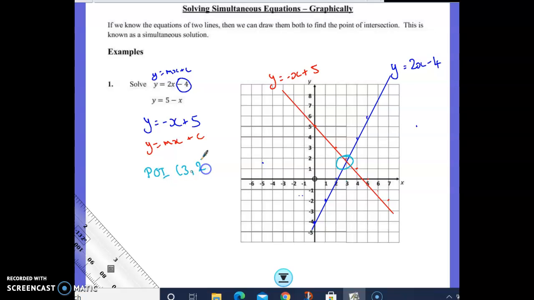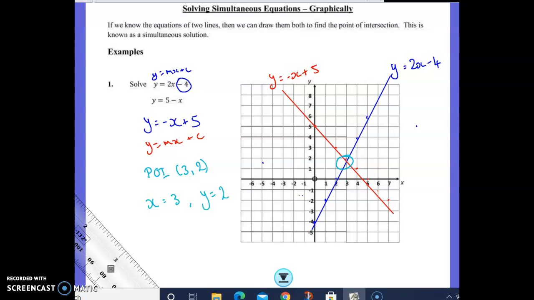That means the solution of this would be x equals 3, y equals 2, because the x coordinate is 3, the y coordinate is 2. So that's one solution, found one for the x, one for the y, but it's one whole solution that fits both equations.